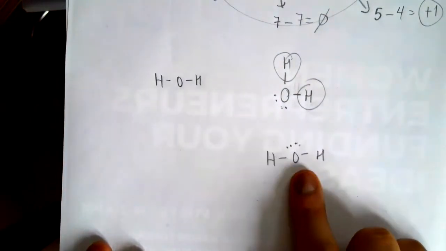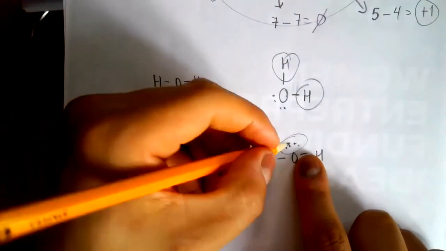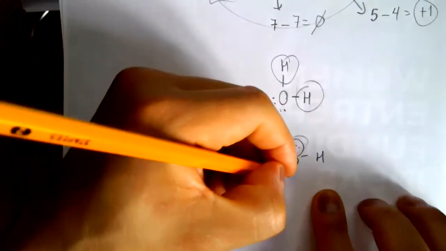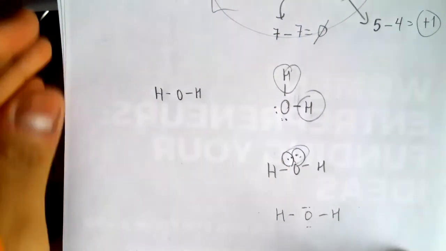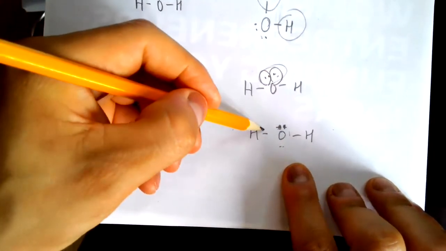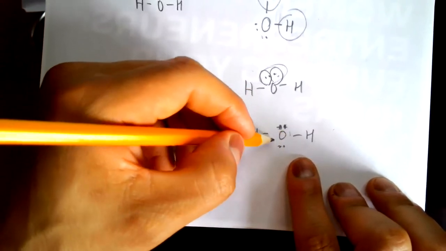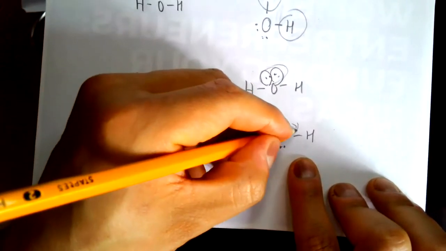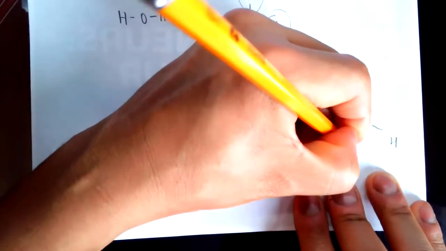But no, that doesn't happen either because you have lone pairs, and lone pairs also have repulsion. Oh, but why don't you put the other lone pair on the bottom? Yeah, but still, lone pairs of electrons are pure electrons, so they will definitely angle. This one will push this way. This one will push this way. So that's why water will have to be like this.